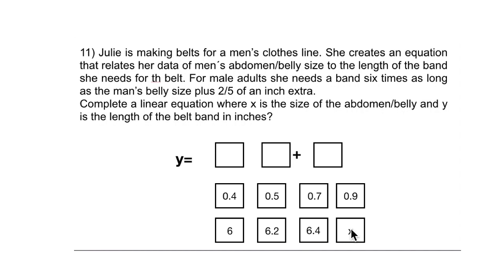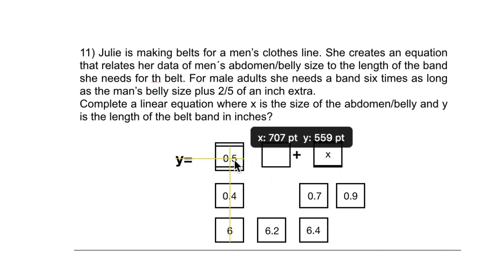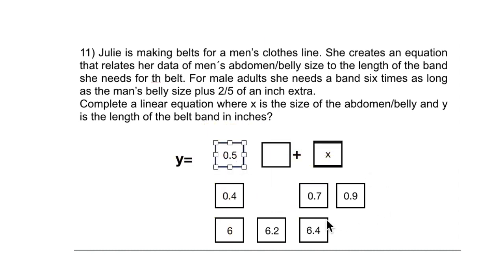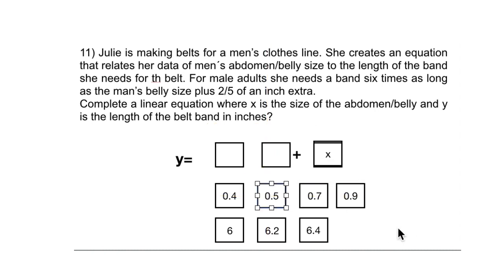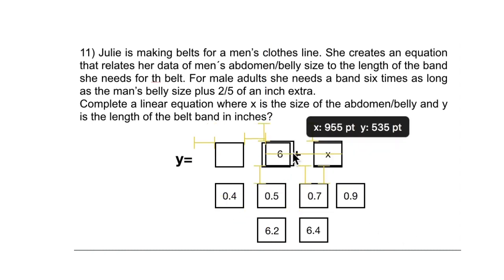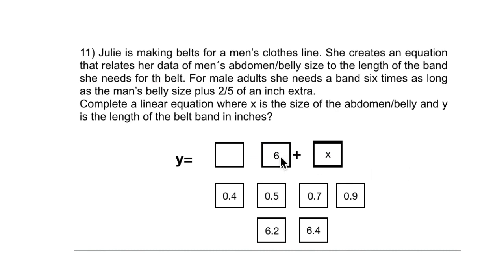So let's say you want to pick up that x value. You would drag it and drop it in the correct box and just form your equation like that. If you make a mistake, all you have to do is click it and basically remove it. Okay, so this is what drag and drop questions look like.